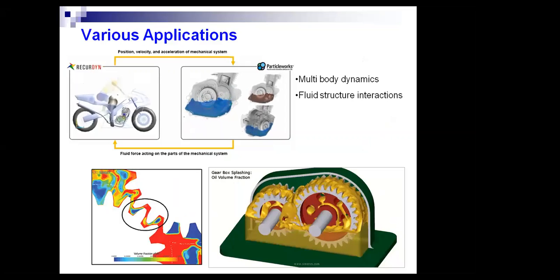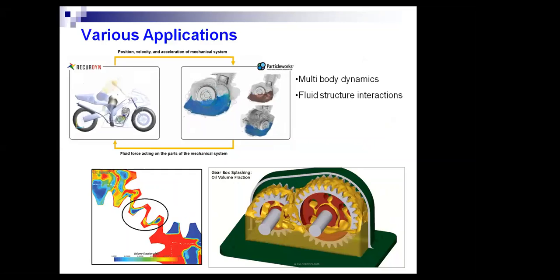Dynamic simulations are used for various applications like gearbox, lubrication system, and sloshing of fuel in an engine, or sloshing of lubrication in an engine.